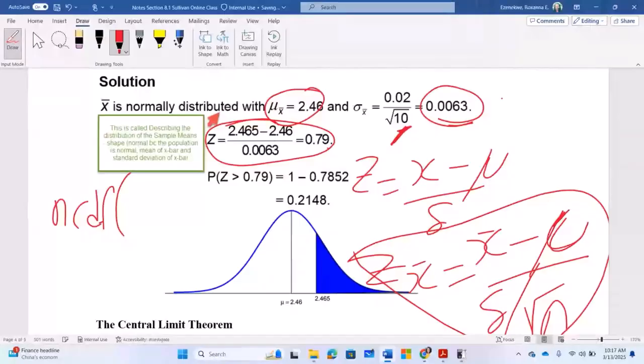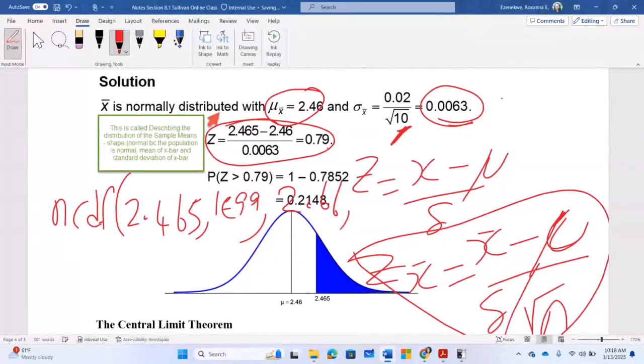So 2.465 is the lower bound, where we're going to start from the boundary, to positive infinity, 1e to the power 99, comma, the mean is 2.46, and the standard deviation is 0.0063.